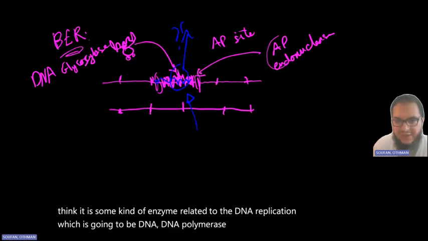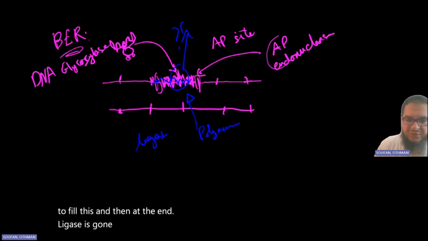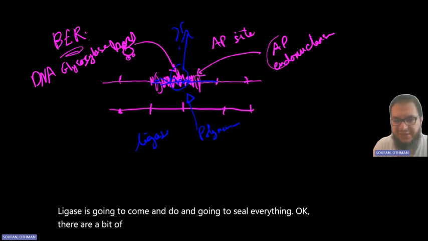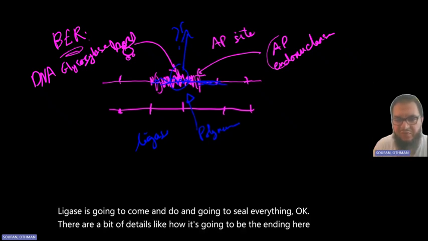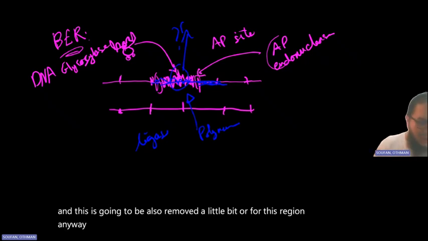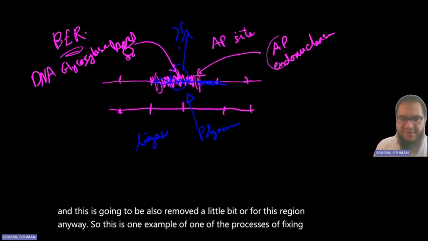DNA polymerase is going to fill this, and then at the end ligase is going to come and seal everything. There are a bit of details, like how the ending is going to be and how a little bit of this region is also going to be removed. Anyway, this is one example of a DNA repair mechanism.